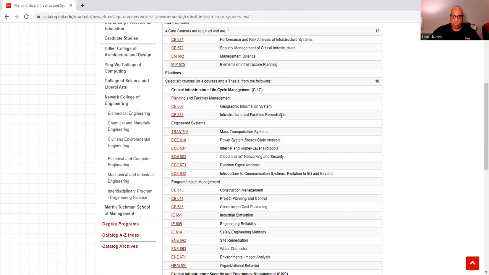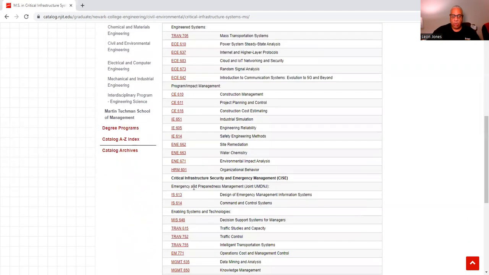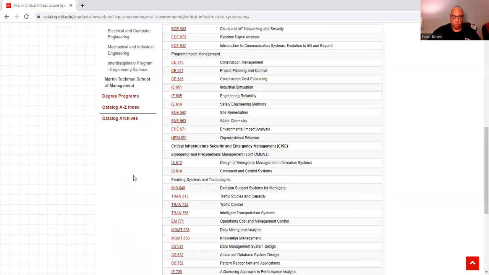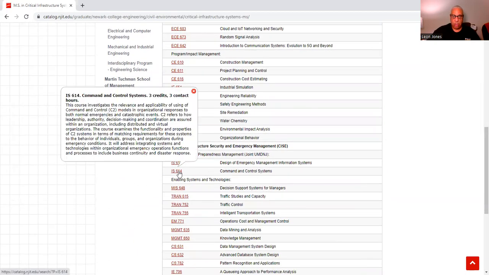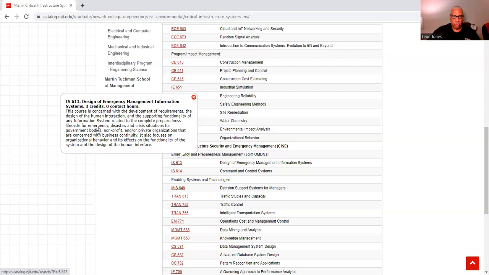You have your facilities management, and then you have your program and impact management, and then you have your CISEM, which is your critical infrastructure security and emergency management. So you have some courses, like one that I took was 613. This is the development of what we call emergency management information systems.